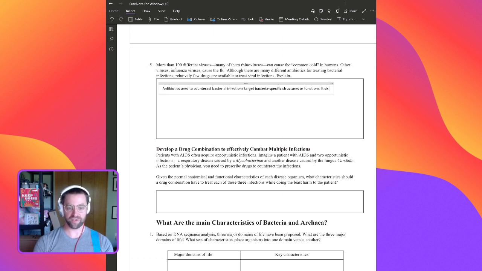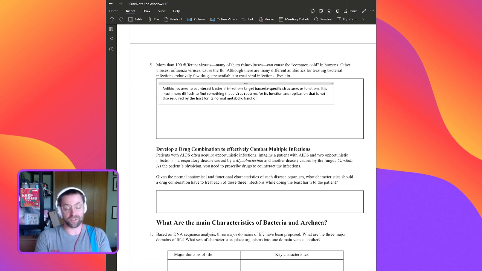It is much more difficult to find something that a virus requires for its function and replication that is not also required by the host for its normal metabolic function. This is because it hijacks the host cell's machinery for its own reproduction.